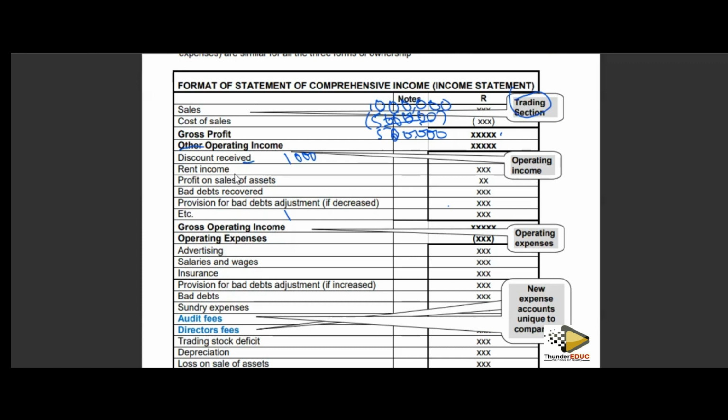Then profit on sale of asset. Yes, this one I explained. This is the first thing I gave you an example with. It's an asset. It can be furniture, vehicle, equipment, etc. All the assets we know, the non-current assets especially.